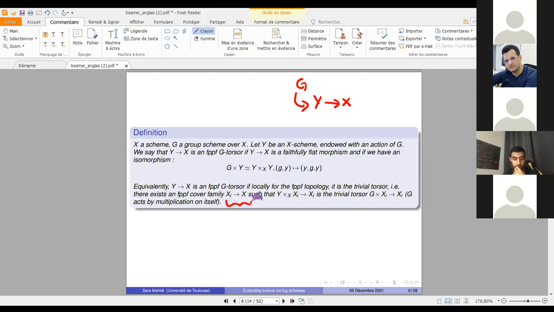This is an fppf map, which is open for the fppf topology, such that when I restrict Y to X_i, then this is the trivial torsor, which means that this is isomorphic to G times X_i over X_i. So this is the definition of a torsor.